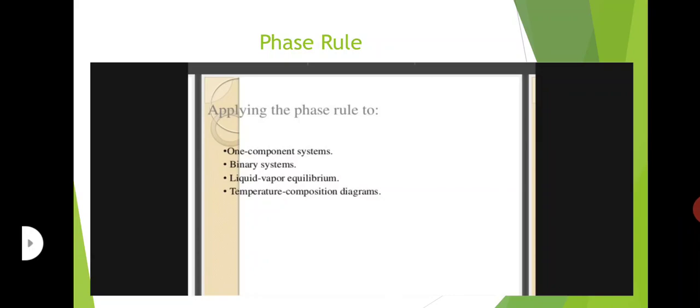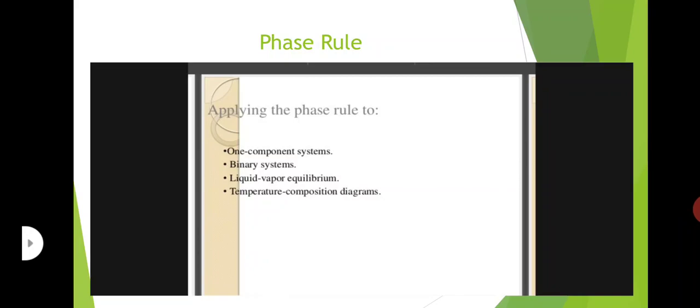Okay, students. Today we will discuss phase rule. In the previous class we have already discussed what is phase rule and which terms are important in phase rule. Those are completed. Now, applications of phase rule.